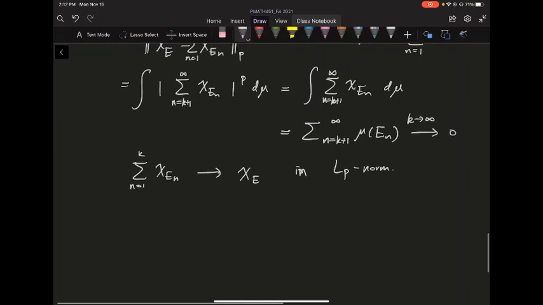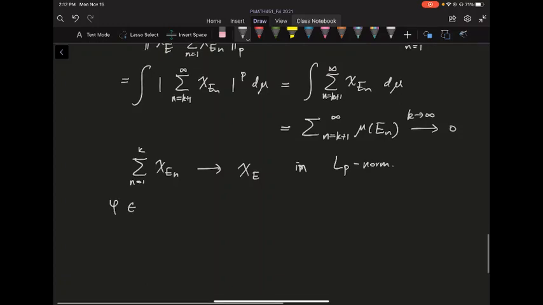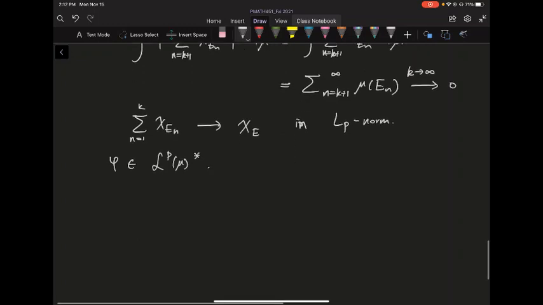All right, because they converge in the L^p norm and your phi is inside the L^p dual space, remember the dual space essentially consists of all the continuous linear maps. Okay, this phi is continuous. So now you have something that converges in the L^p norm, and when you apply phi, something continuous, it still converges.